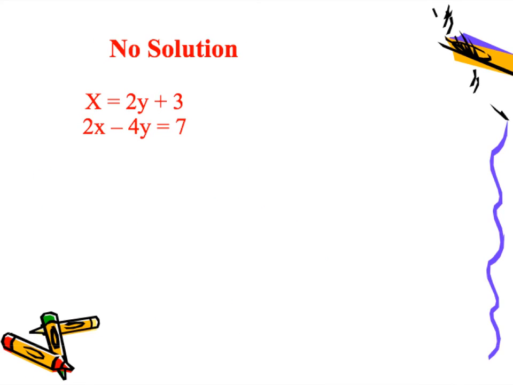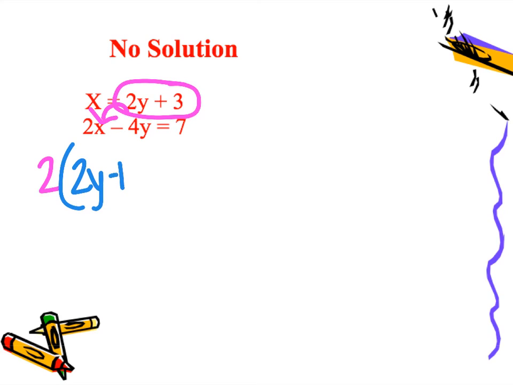Okay, here's another example, and I can bet you already know how it's going to turn out. So I'm going to substitute into the second equation for x, and I get 2 times x, which is (2y plus 3), minus 4y equals 7.